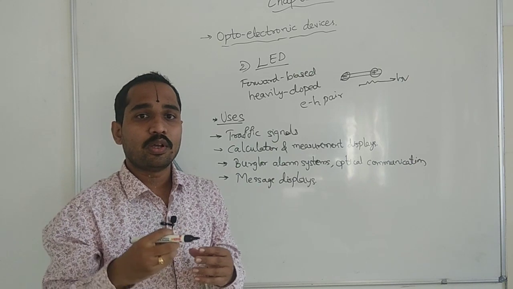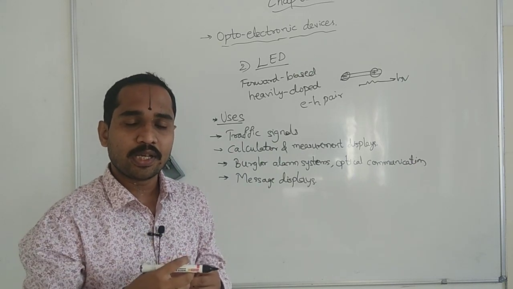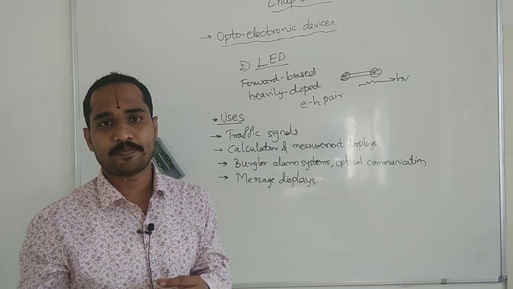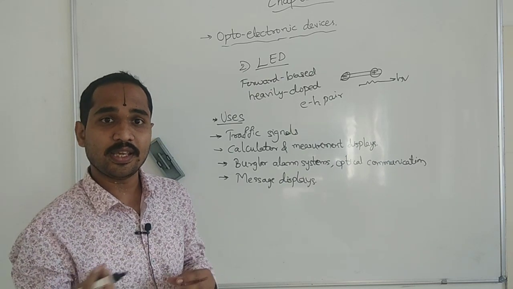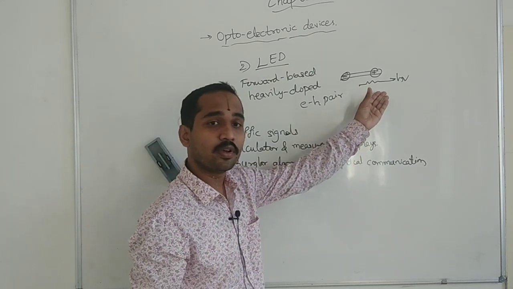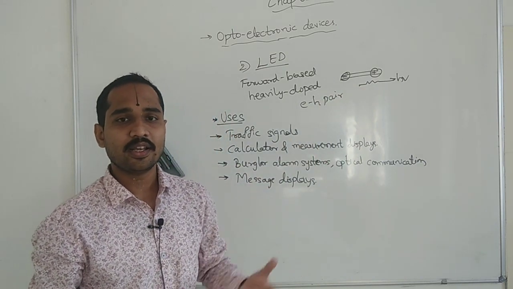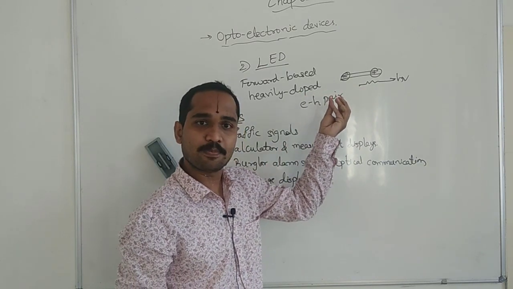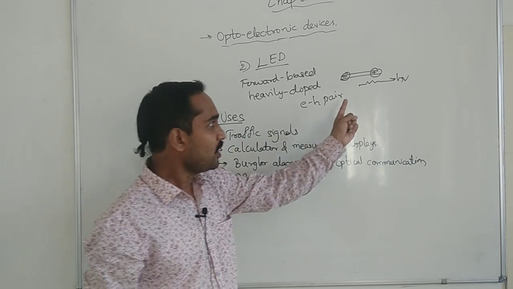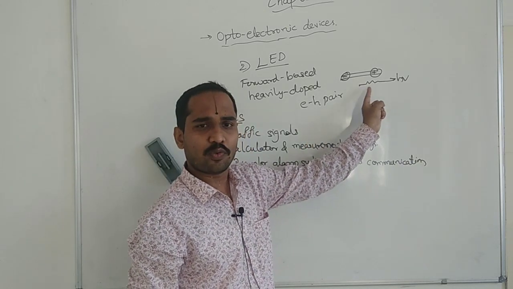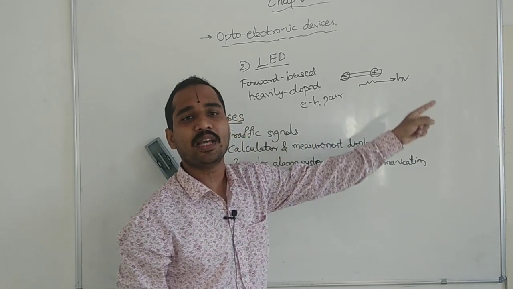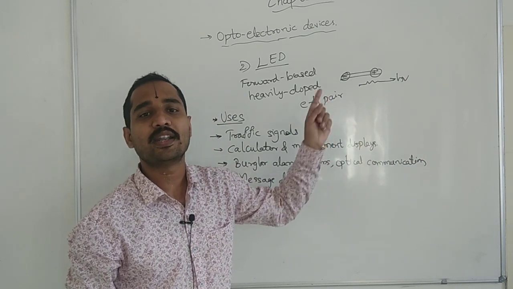Now when it gets paired up, it should release energy, and that energy is released in the form of a photon, nothing but light. So when the electron and hole are paired, one photon or one packet of energy comes out, in the form of light.